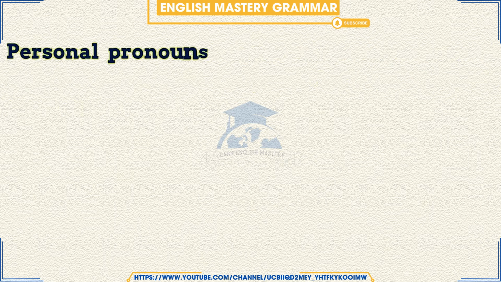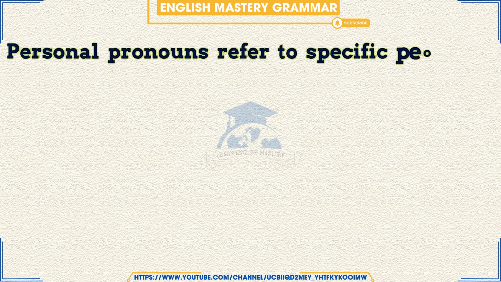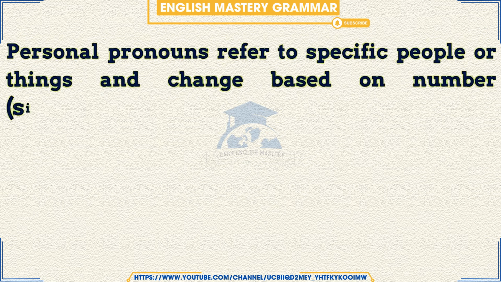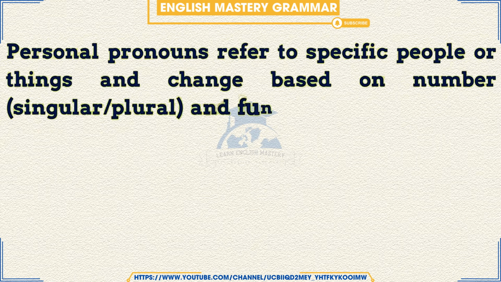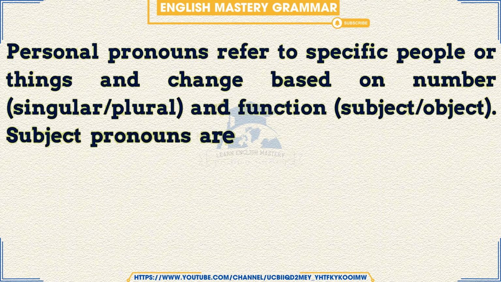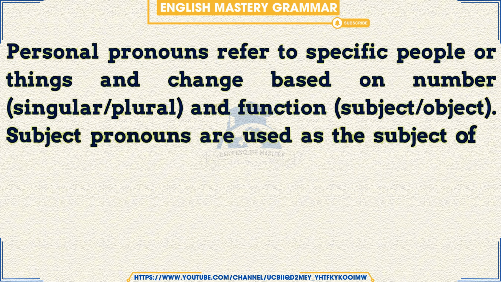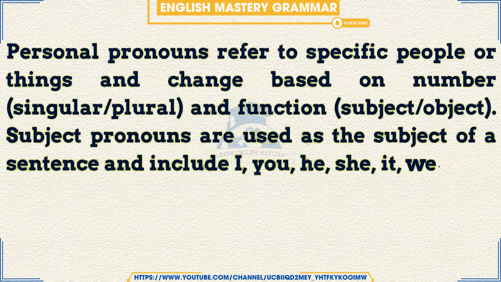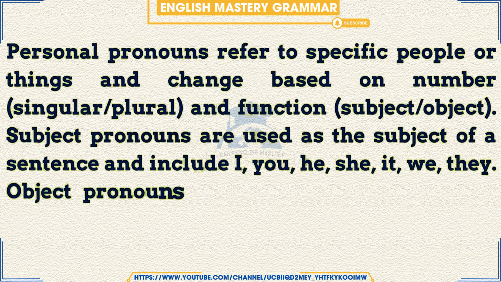Personal pronouns refer to specific people or things and change based on number, singular or plural, and function, subject or object. Subject pronouns are used as the subject of a sentence and include I, you, he, she, it, we, they.